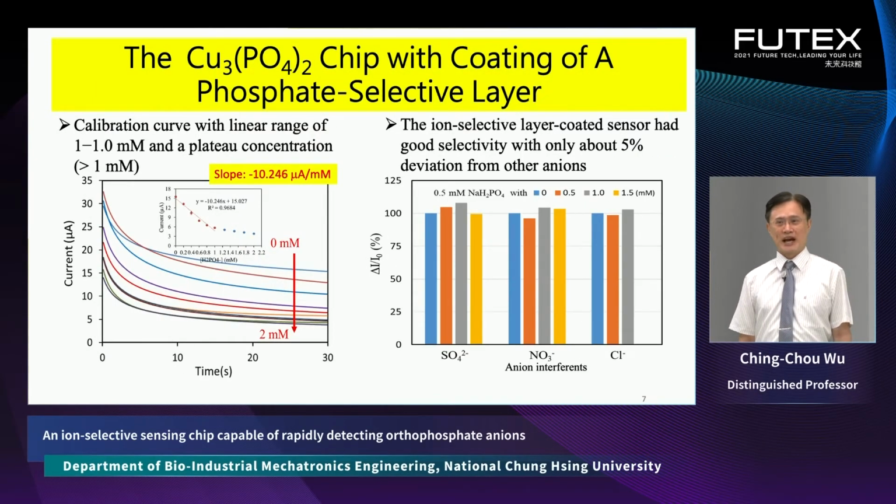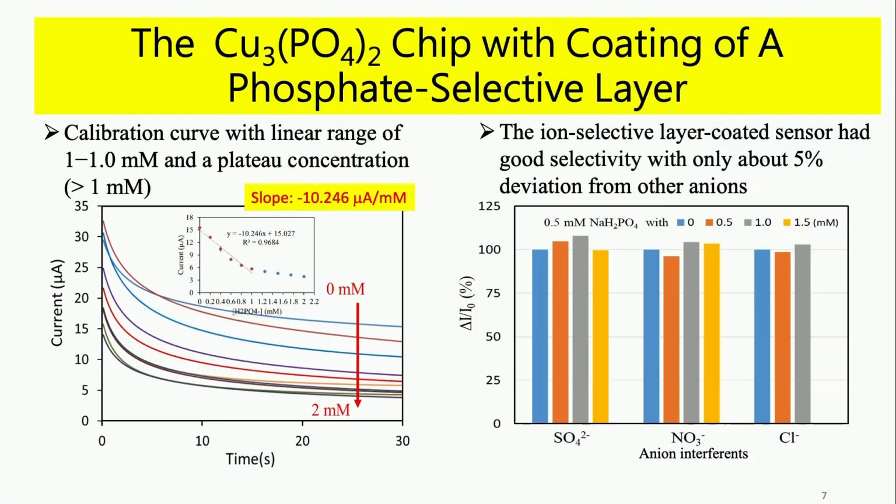And then we cover a self-designed phosphate selective layer on the working electrode surface. And we still use amperometry for the phosphate detection. Here you can see the slope can increase to 10 microampere per millimolar. It means this phosphate selective layer can increase the selectivity for the phosphate detection.